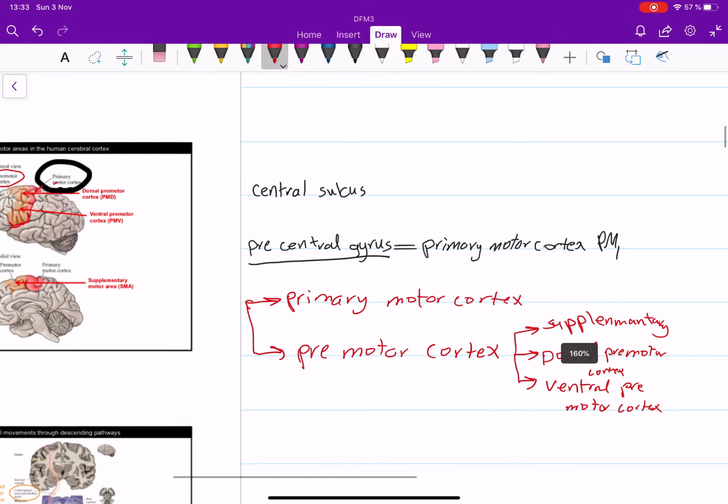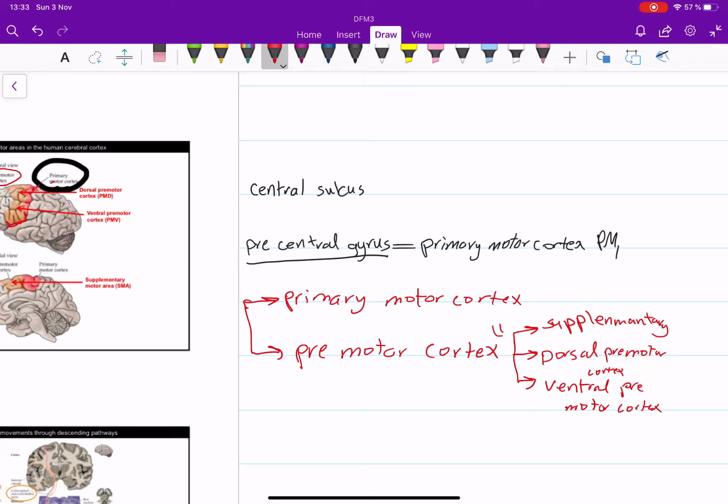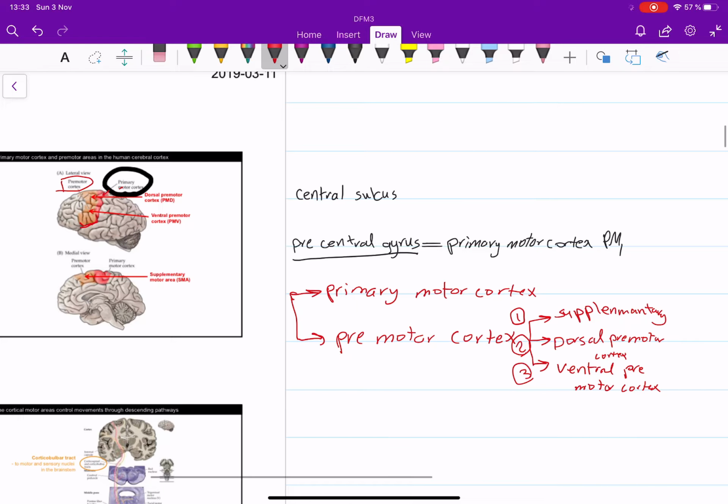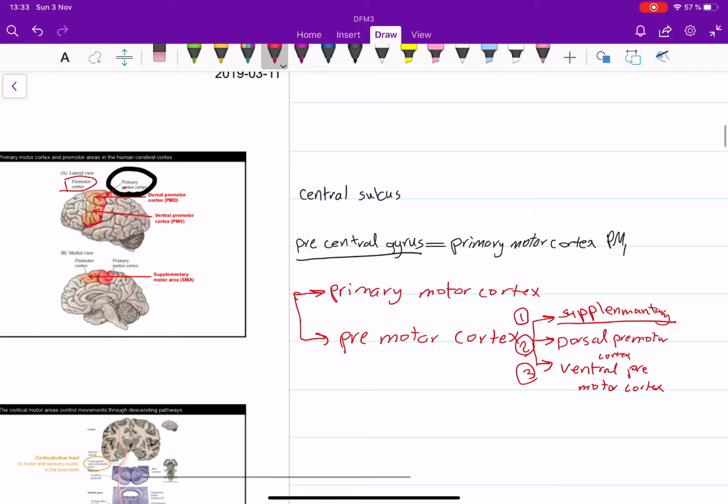Premotor cortex, as we said, is divided into three parts: supplementary, dorsal premotor, and ventral premotor. The supplementary premotor area is located at the medial part of the premotor cortex. So here, that's the supplementary motor area.